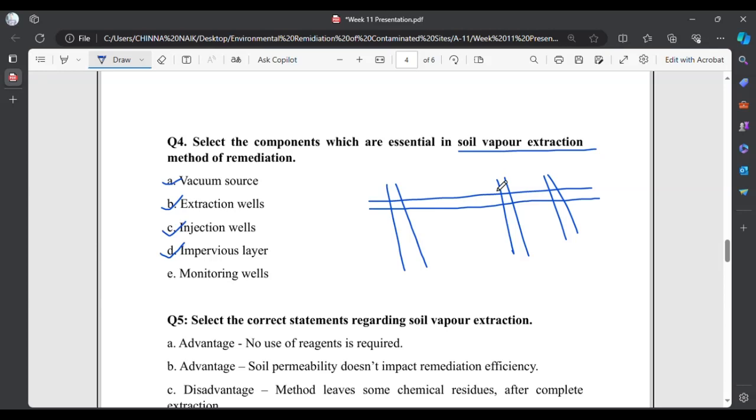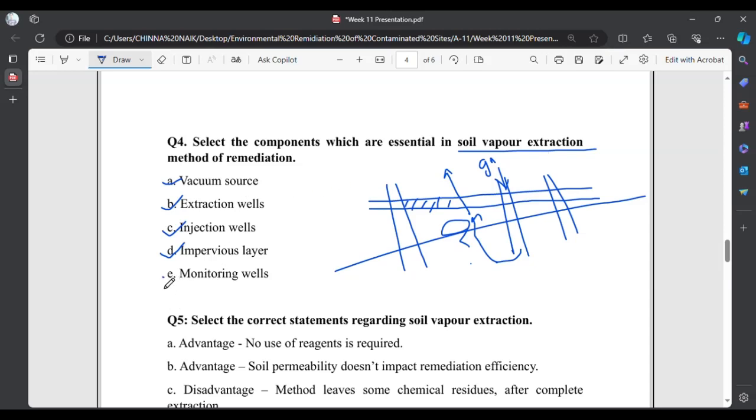Through the injection well we are supplying gas, so whatever contaminants are in the water or soil will change phase from liquid to gas or solid to gas. These gaseous contaminants will evaporate to the atmosphere if you don't provide the impervious layer. So an impervious layer is also needed in the soil vapor extraction method.